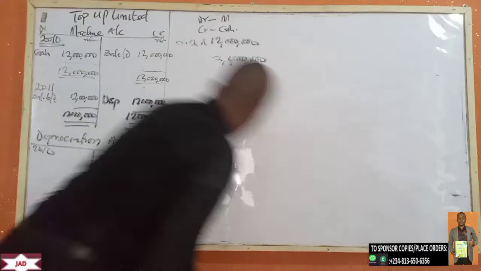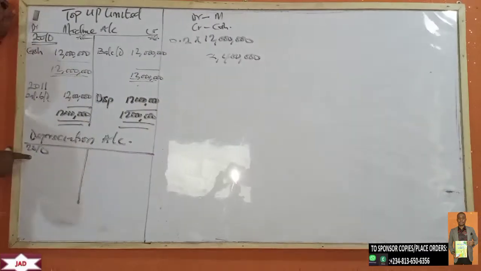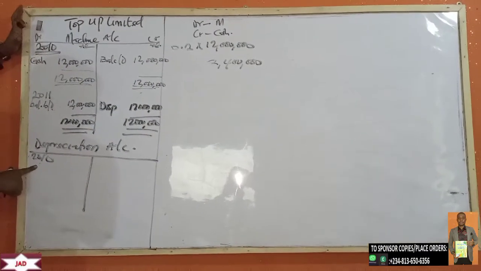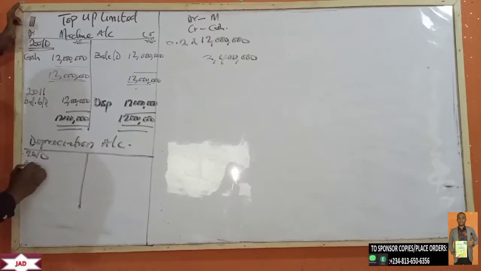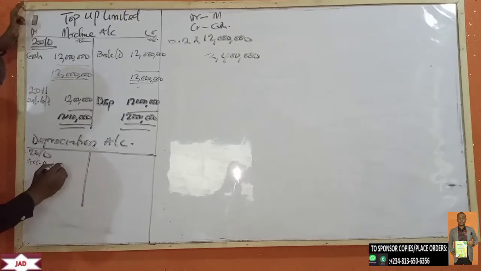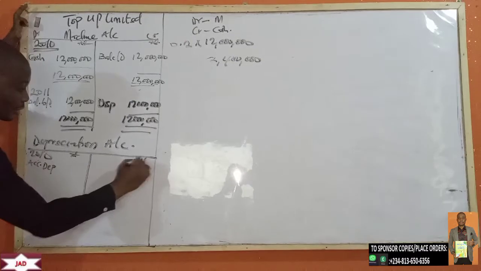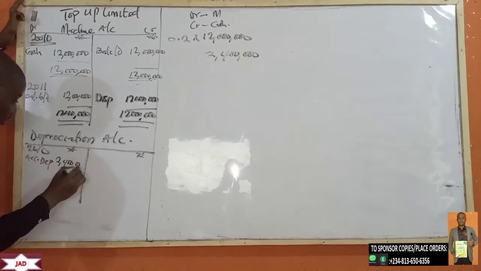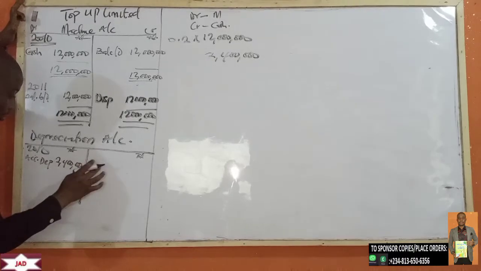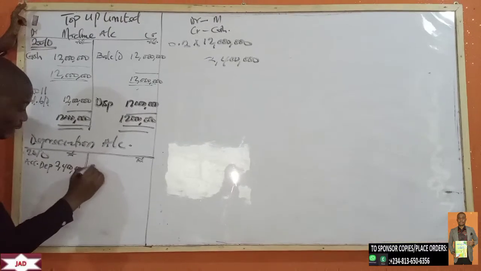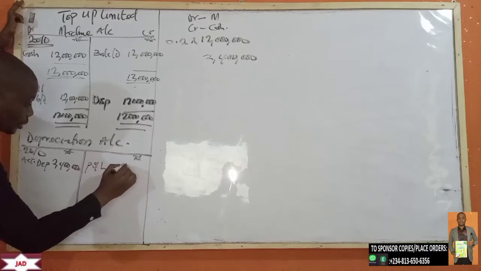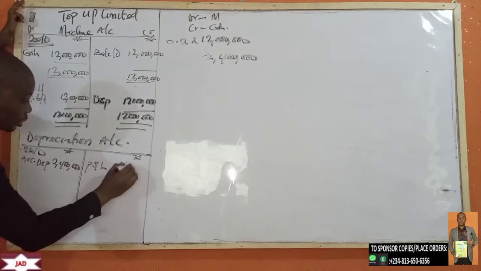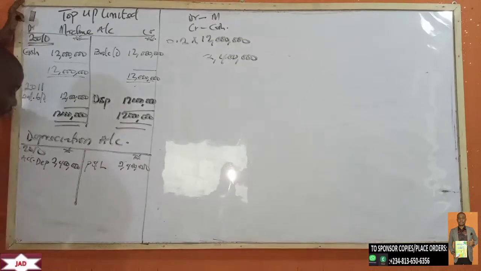Right? So what we're saying here is that in 2010, we have accumulated depreciation here to be 2,400,000. All right. So you're taking this to profit and loss, 2,400,000.